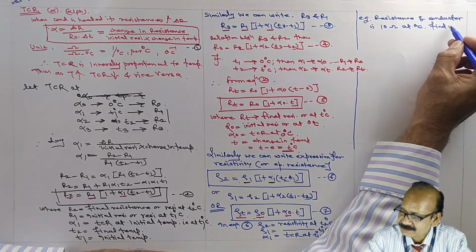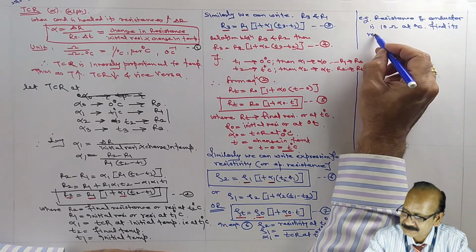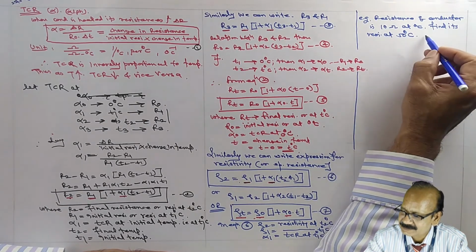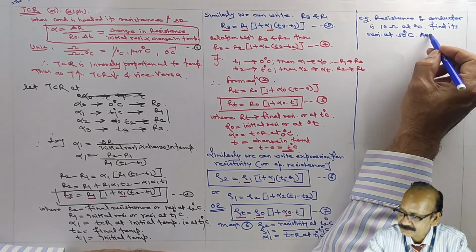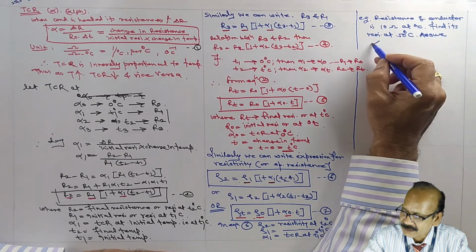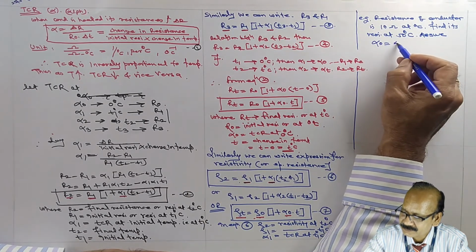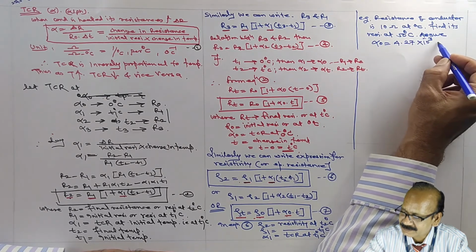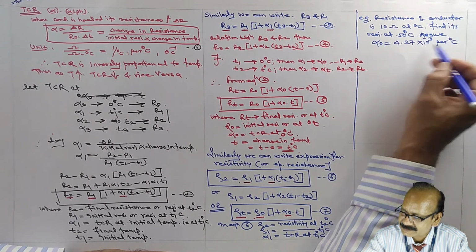Find its resistance at 50 degree Celsius. Assume alpha 0 equals 4.27 into 10 raised to minus 3 per degree Celsius.